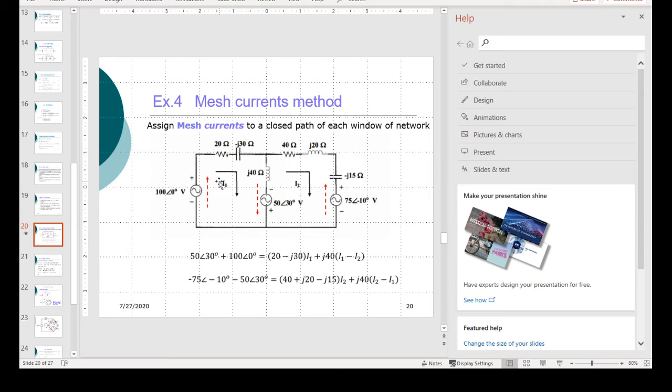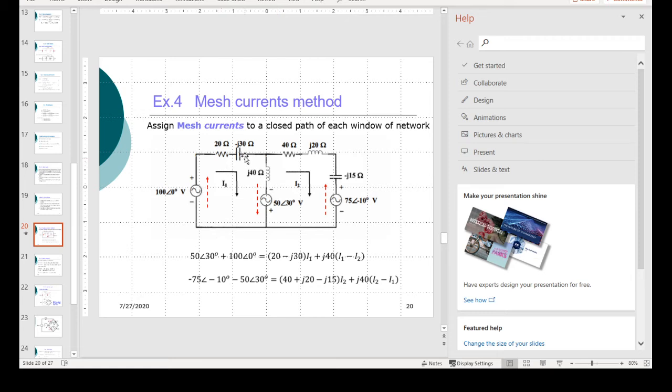But here I'm talking about the current circulating in that loop or in that mesh, which I have taken to be clockwise, as indicated by that arrow. So we have two mesh currents here.